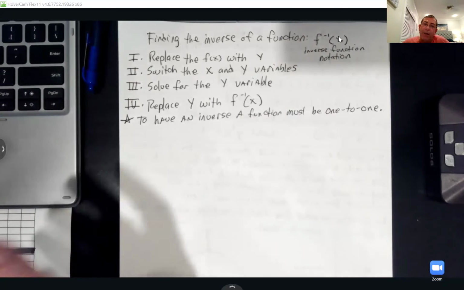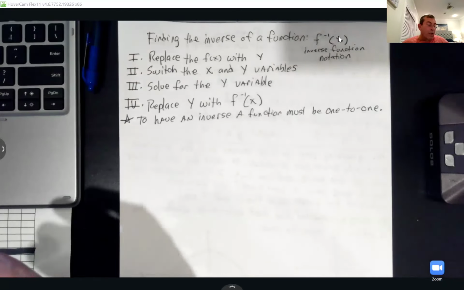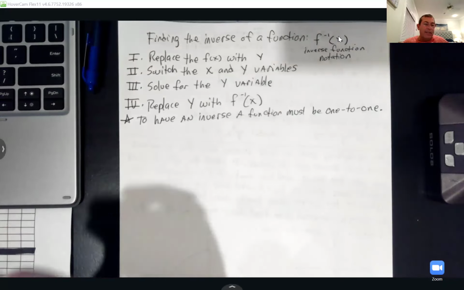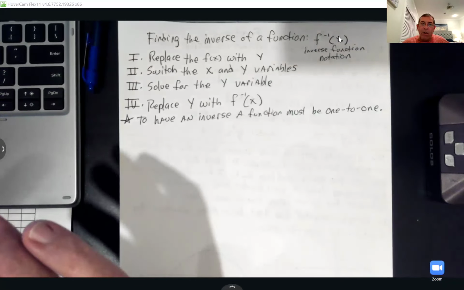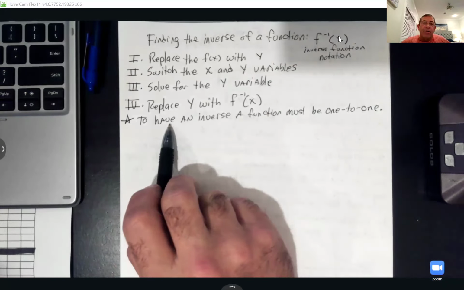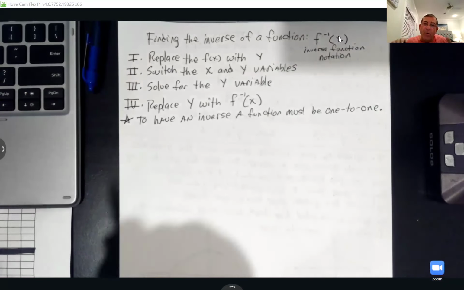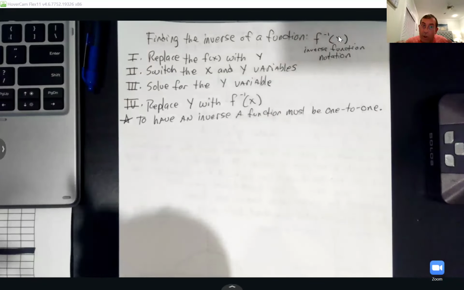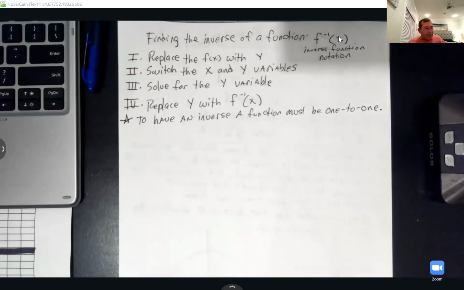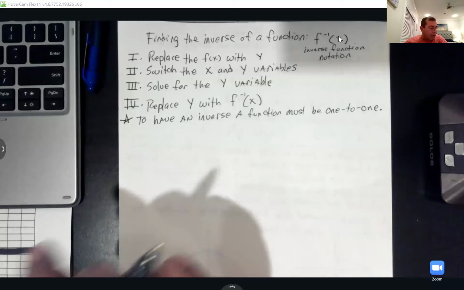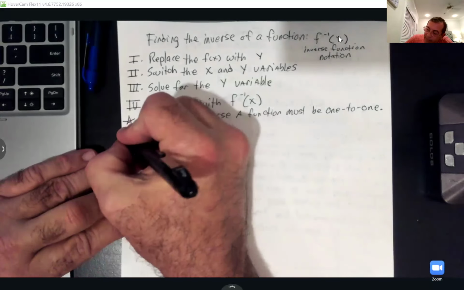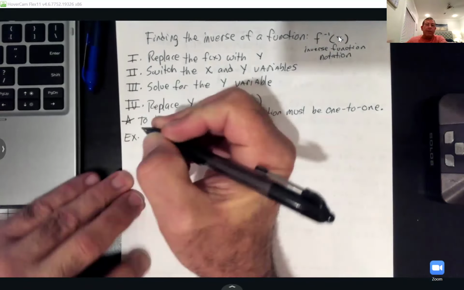Now, I'll save you a little bit of time on this. On these last 6 problems or so in the homework, where this kind of stuff starts at, every single one of y'all's will be one-to-one, okay? Every single problem is one-to-one. So you're going to have to find all the inverses for them. So here we go, y'all.